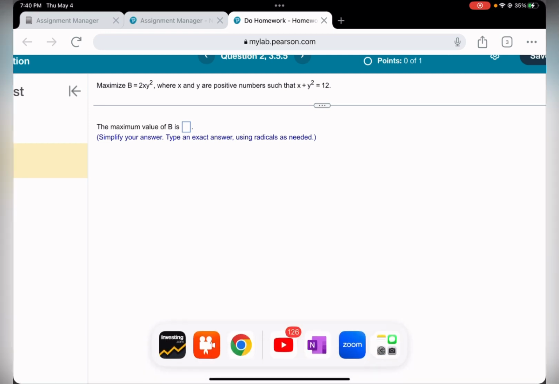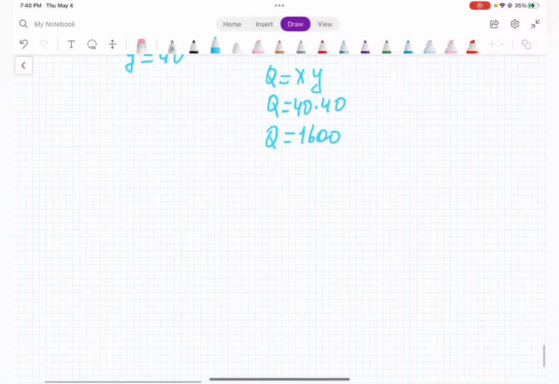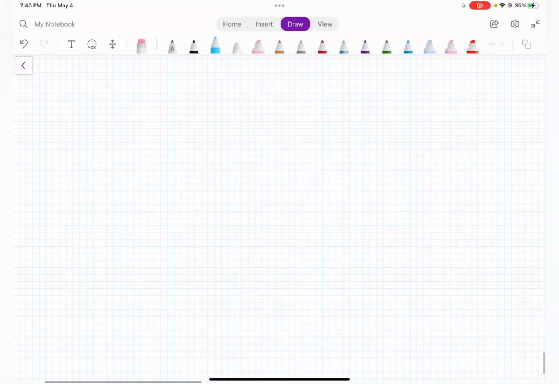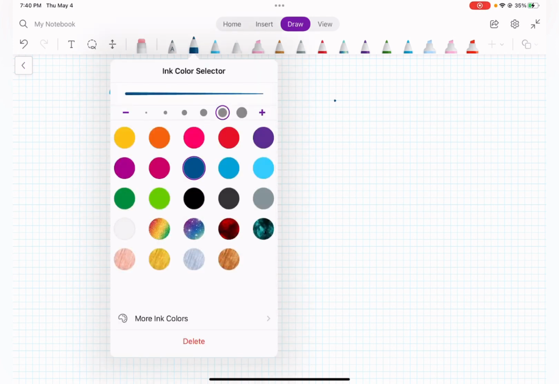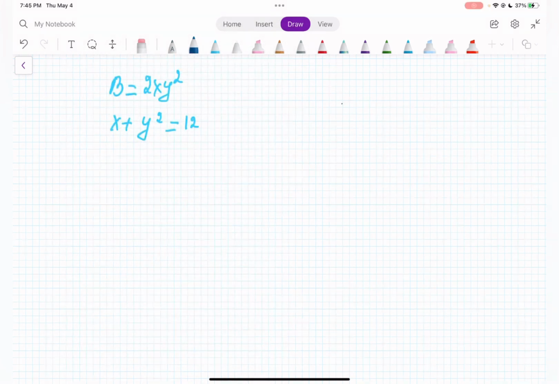Okay, let's start working. So we need to maximize 2xy squared, limited by x plus y squared equal to 12.